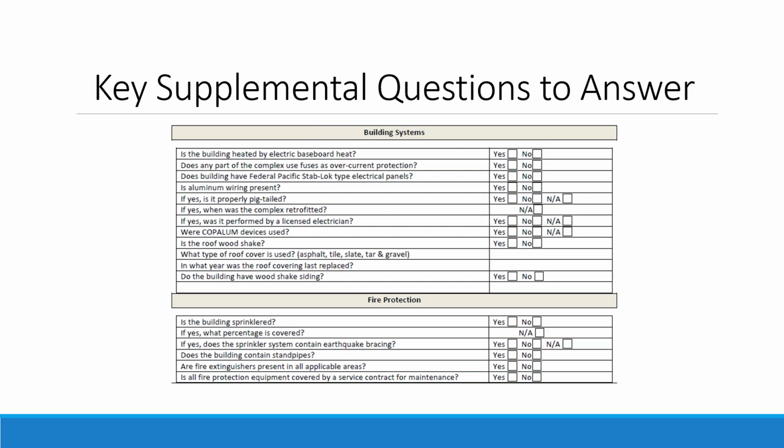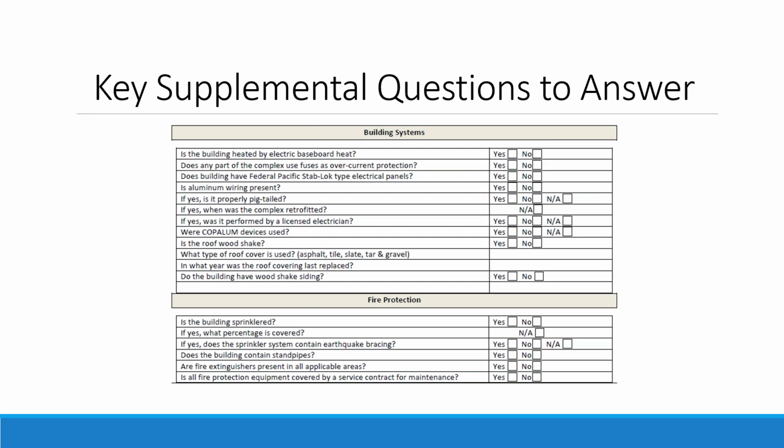So for the building systems section, most importantly, what I'm looking at is the electrical information, because this will help determine if I have a market for the risk or not. So if there are fuses, Federal Pacific, aluminum wiring, or knob and tube wiring (I said fuses, should be everything), then that would be a prohibit for me.